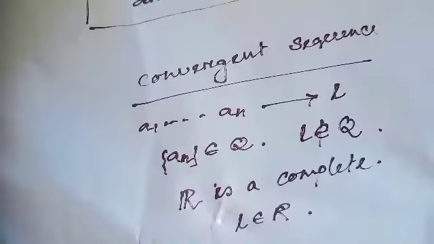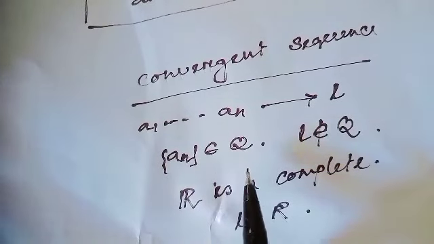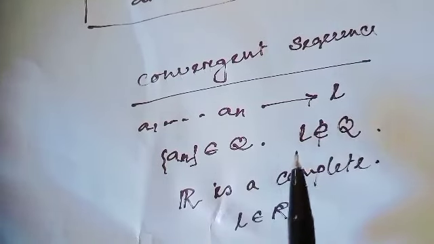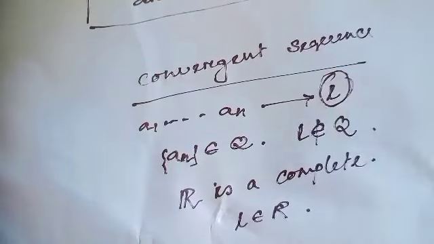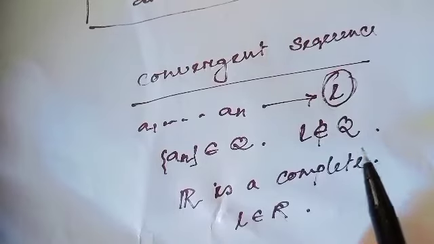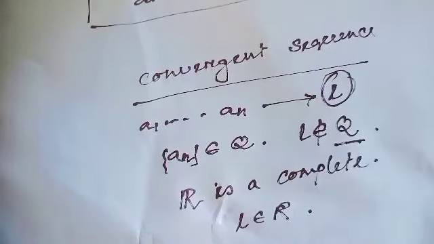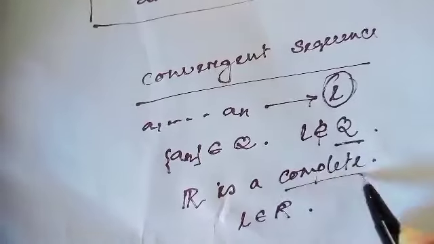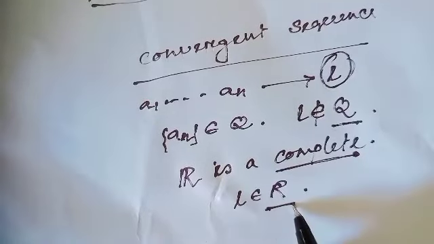Now I will show a new type of extension field. We all know convergent sequences. Consider a sequence which belongs to Q, and this sequence converges to a number L, where L does not belong to Q. We all know R is a complete space, so obviously this sequence converges to a real number.